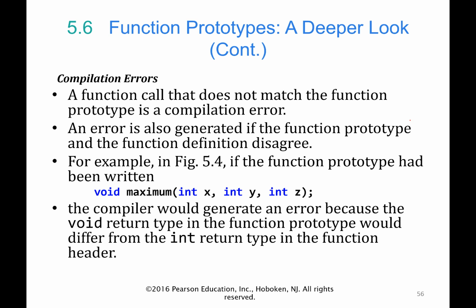In other words, the header and the prototype, I call them both the headers, have to agree with each other. In this case, someone put the word void instead of int, and down inside the function where I actually define it, I used int. The compiler will say, hey, there's a problem here. They don't match.